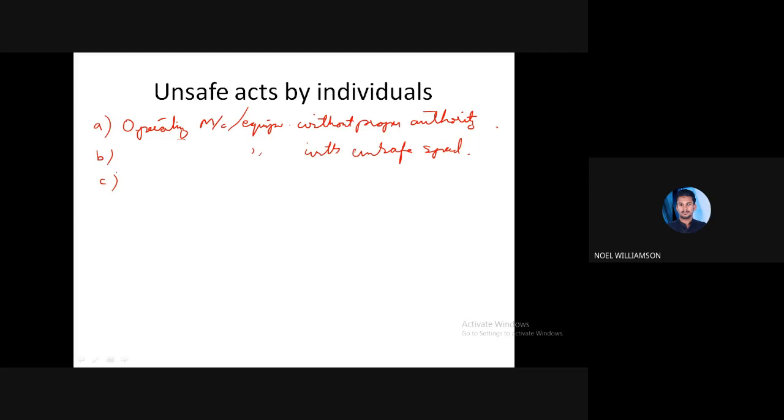If they remove that, then the safety will be lost and there will be a chance of accident. So that is the deliberate removal of safety devices. That is the third point.